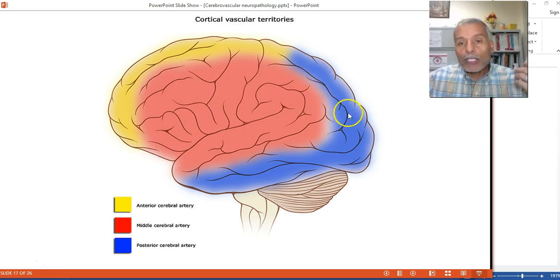The left posterior cerebral artery, as you can see, supplies the inferior half of the temporal cortex, all the occipital cortex, and a big piece of the parietal cortex. So you have vision, hearing, memory, and sensory mechanisms.